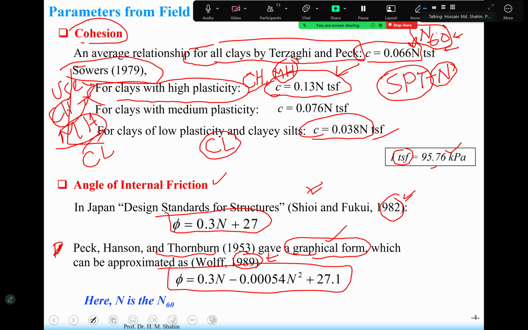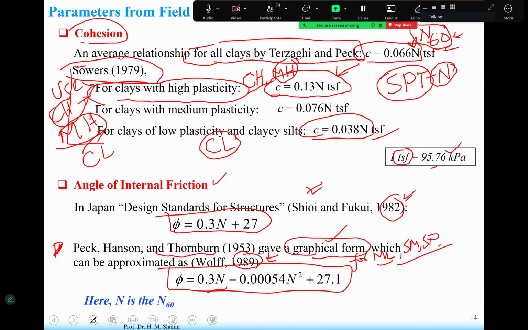For silt and sand, for ML, SM, SP, and so on, whatever the case, sand or silt, we use phi equal to 0.3 N plus 0.005 N squared plus 27.